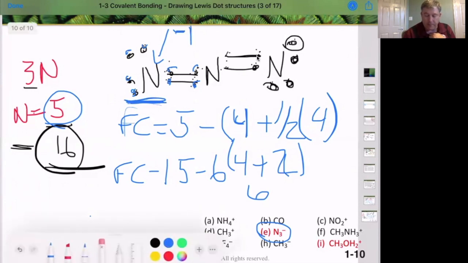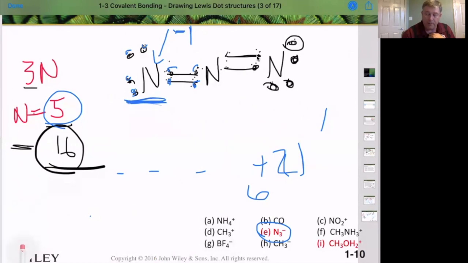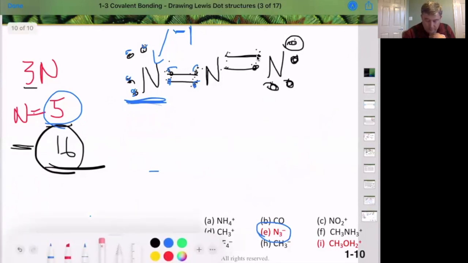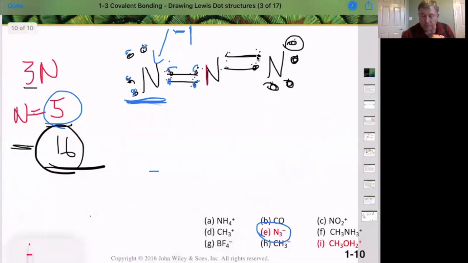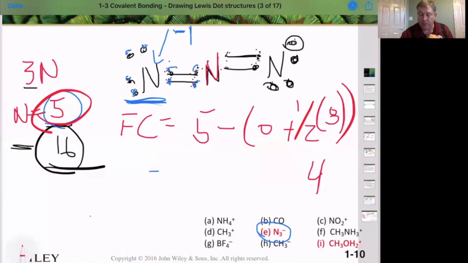All right, let's go back and calculate the next one. I'm going to do it in another color to make sure we don't mess up our electrons that we're counting. So if we do the formal charge on this nitrogen here, formal charge is equal to 5, because we had 5 electrons, minus non-bonded, there are 0 lone pairs here, plus 1/2 of the bonded, 1, 2, 3, 4, 5, 6, 7, 8, 1/2 of 8 electrons gives us 4.